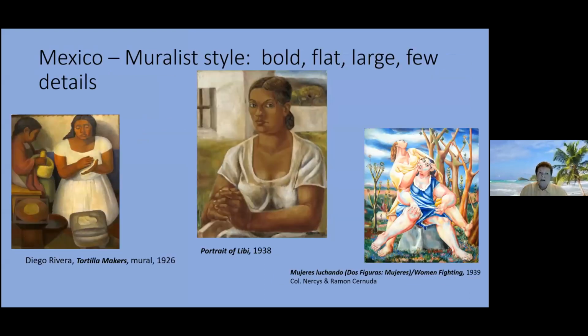So Mexico, the muralist style that so impressed him and influenced him, is bold. It's often quite flat, large, few details. On the left is Diego Rivera's Tortilla Makers from a mural from 1926. In the middle is his portrait of Libby, his first wife, from 1938. And on the right, Mujeres Luchando, the Women Fighting from 1939.